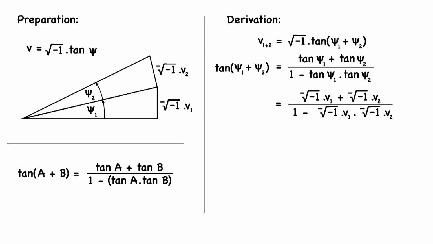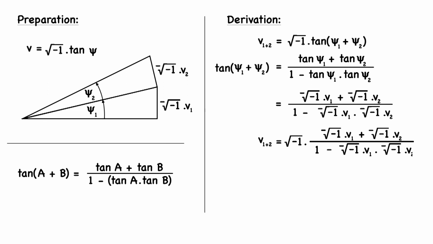Right, let's put that into our equation for the combination of v1 and v2, for which I need this square root minus 1 here times that converted trig term like this. Wow, those square root minus 1's are becoming tiresome. Let's hope they multiply out. I'll help with this one.